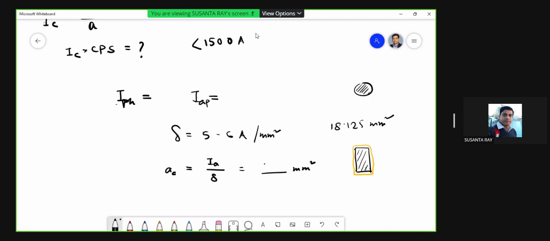Round wires are used for small machines. And for the round wire, you have to consult the SWG chart, the standard wire gauge chart, which is given at the end of the book.